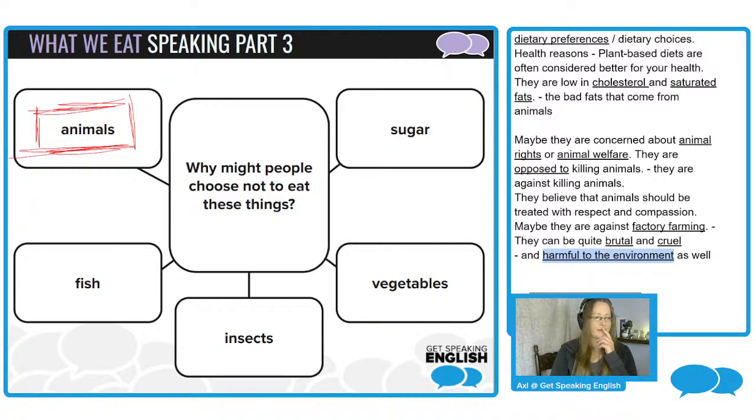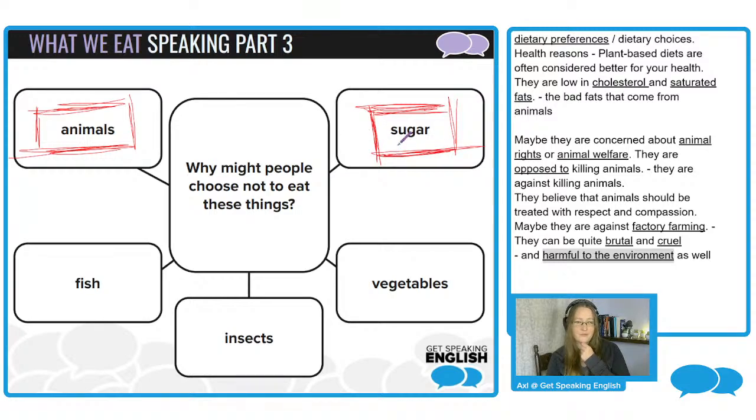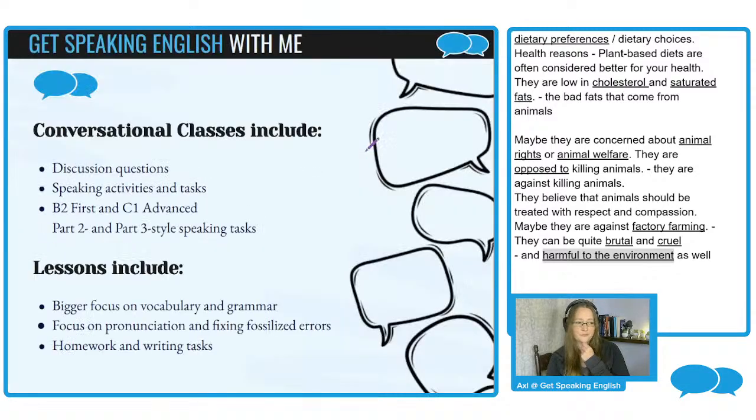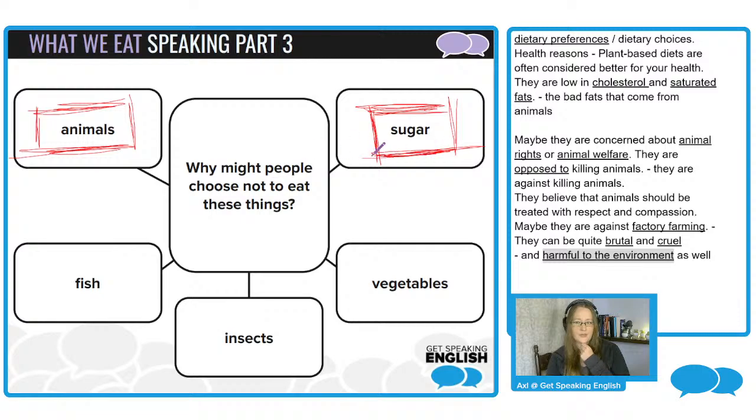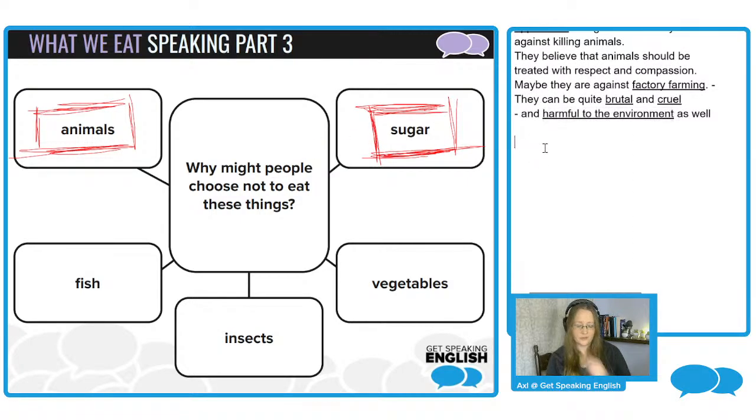Let's talk about sugar for a little bit. Sugar. I definitely know a lot of people who avoid sugar. Why might they avoid sugar?